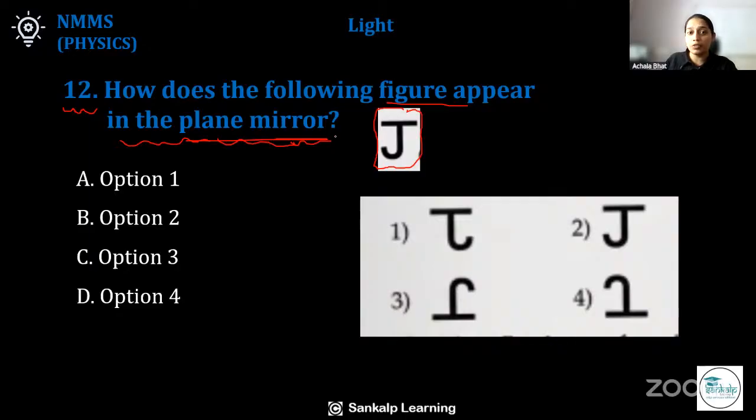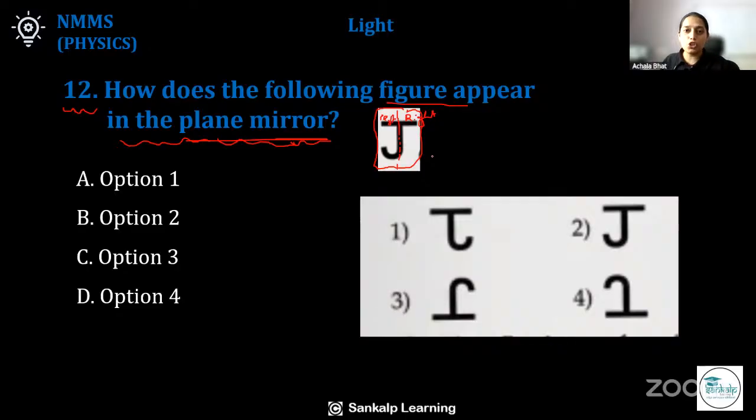What is lateral inversion? Lateral inversion is nothing but right side of the object appears as left side in image and left side of the object appears to be right side of the image. See, if you make this two parts, this is left side and this is right side. Now, this right side part looks like left side part.